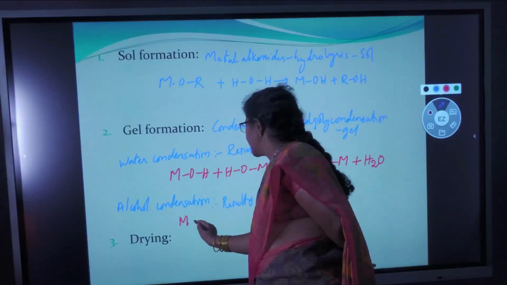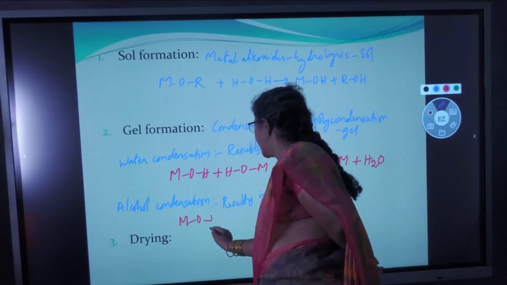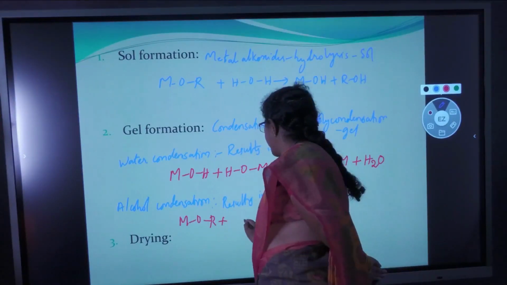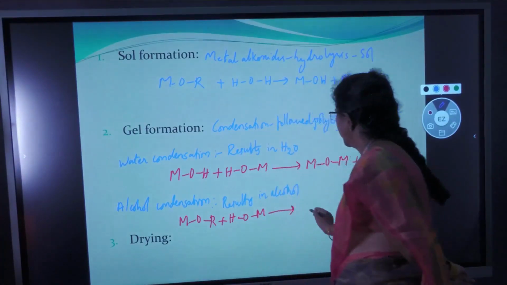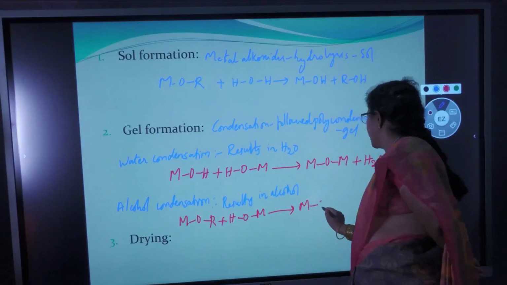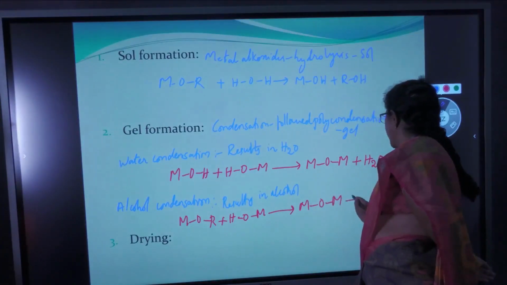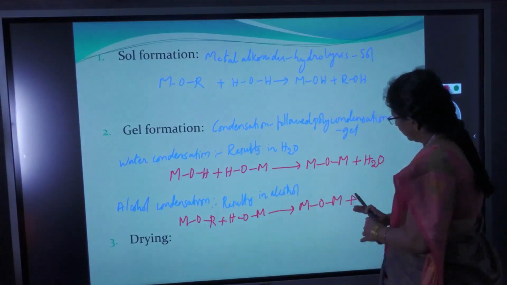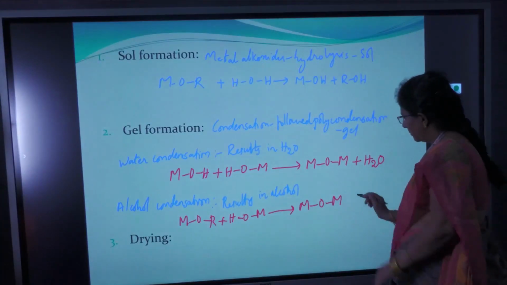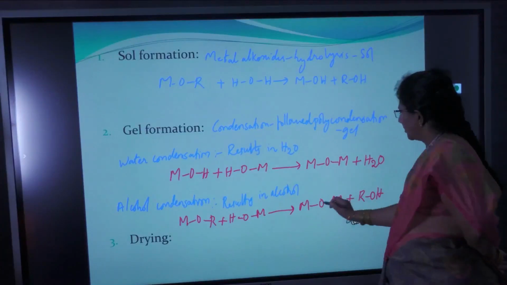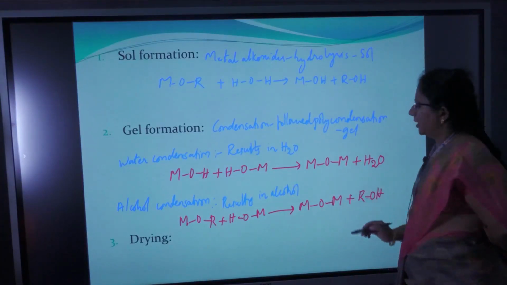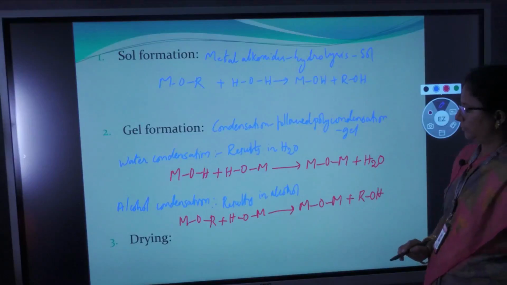Alcohol condensation means MOR plus, it results in the formation of gel like this. So this is the gel and here we are getting the alcohol.